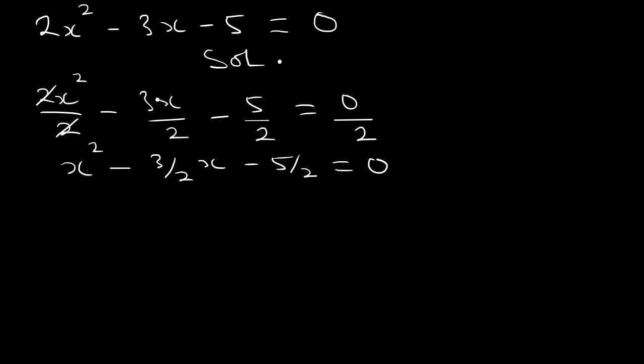So we have succeeded in making the coefficient of s squared 1. Please take note that the leading coefficient is the same thing as the coefficient of s squared. In this case it is 1.